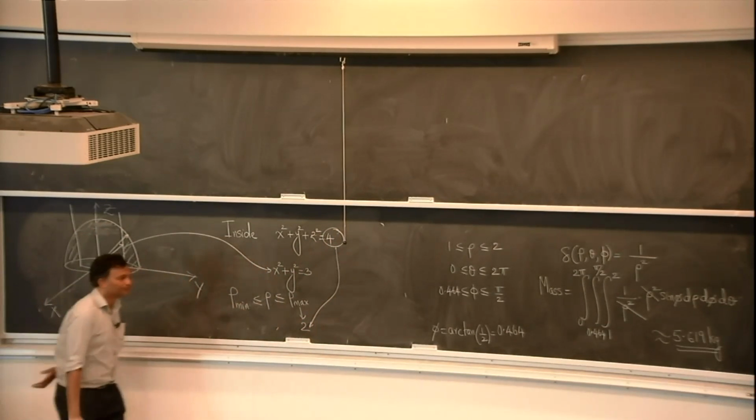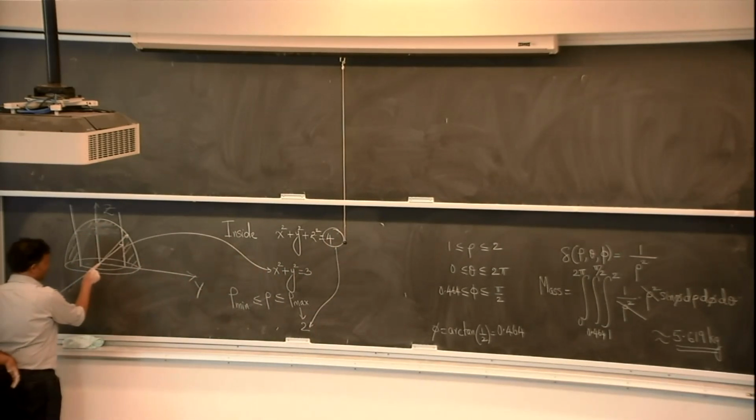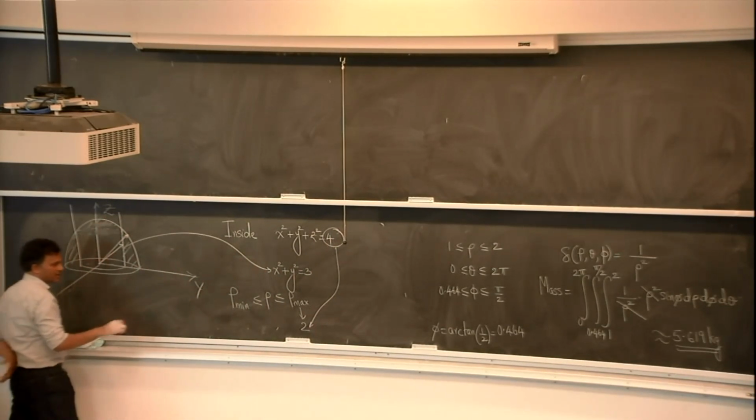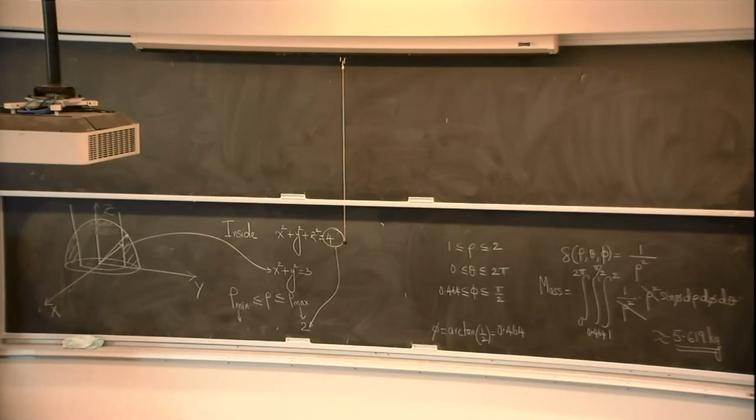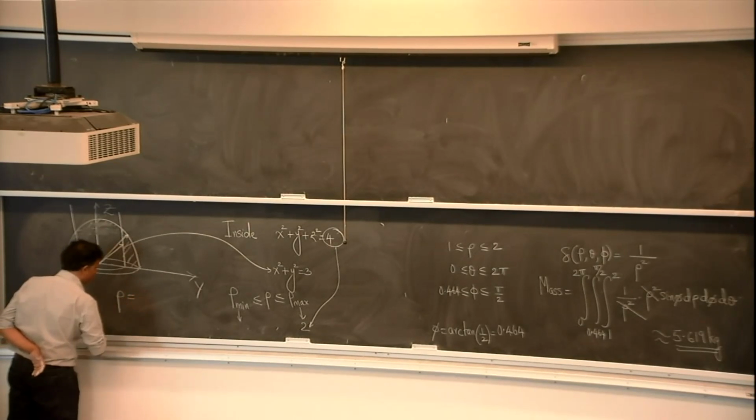Rho min is the distance from the center to the edge of the cylinder. How do you find that? It has to depend on phi. Remember how we did that flat plane yesterday? This is what you have to keep in mind. R equal to rho sine phi.